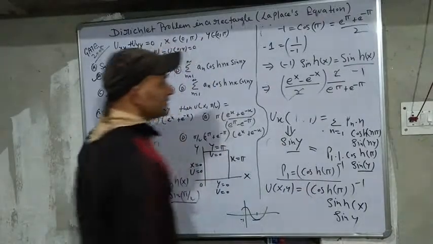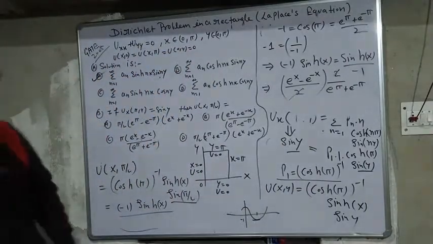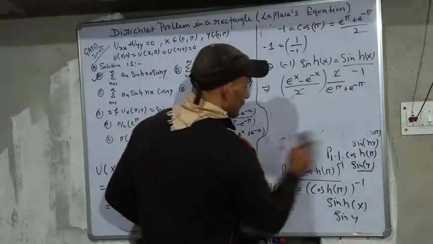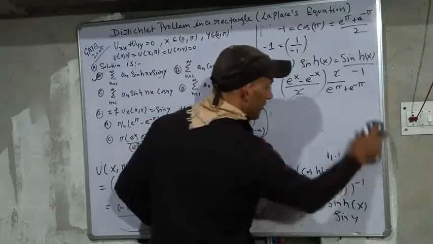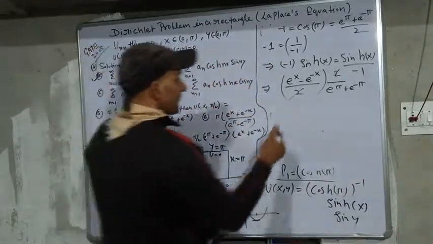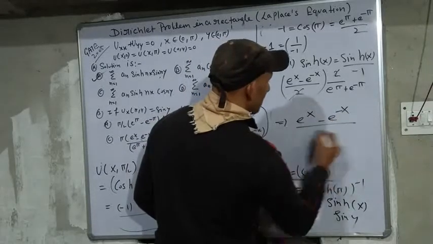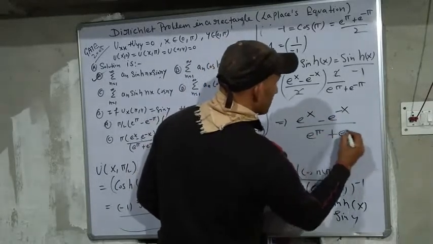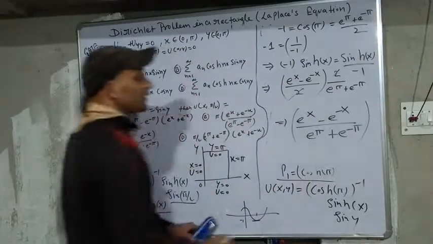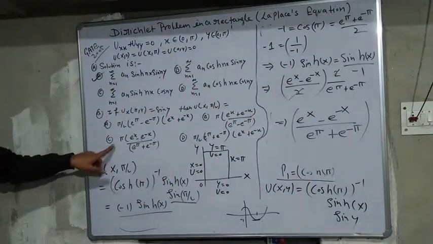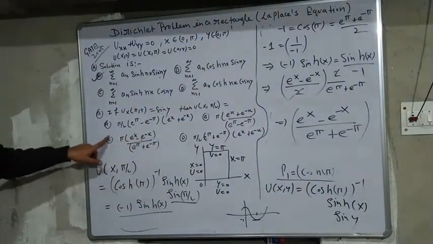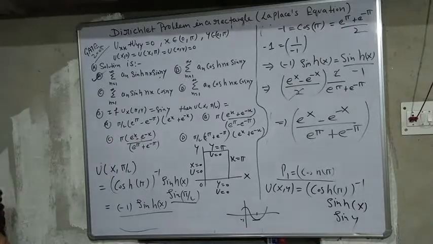2 and 2 cancel. So your final answer of this problem is equal to e to the power x minus e to the power minus x upon e to the power pi plus e to the power minus pi. Now you can see which one is your answer.